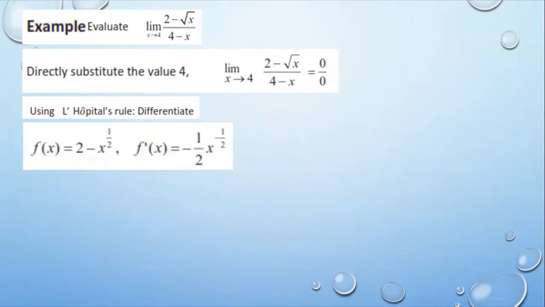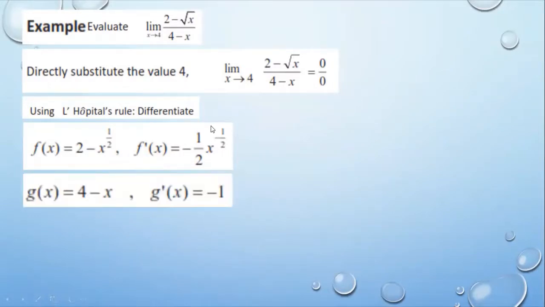When you differentiate negative x power half, you bring this half in front, and subtract 1 from the power. So half minus 1 will be negative half. So negative half is in front, x power negative half. Bring the power in front and subtract 1 from the power. You got this in the numerator.